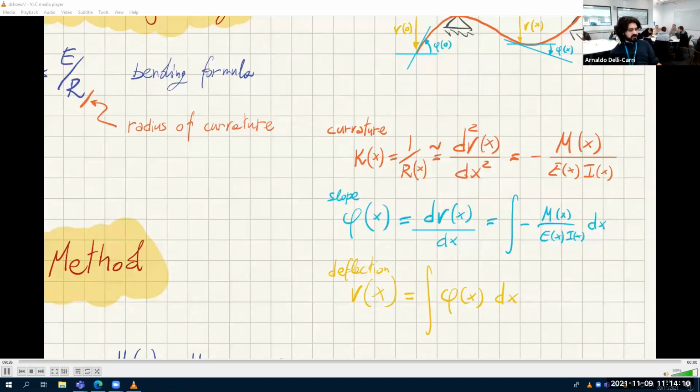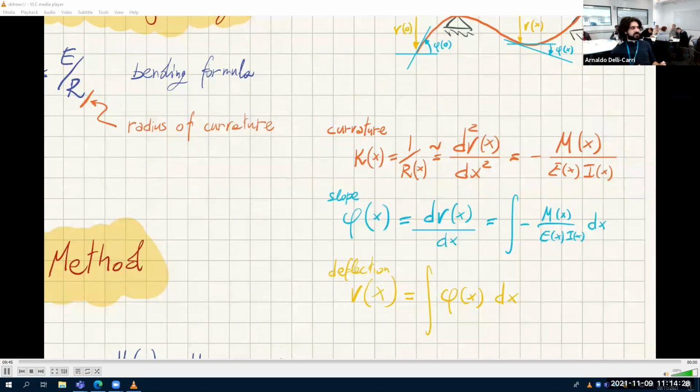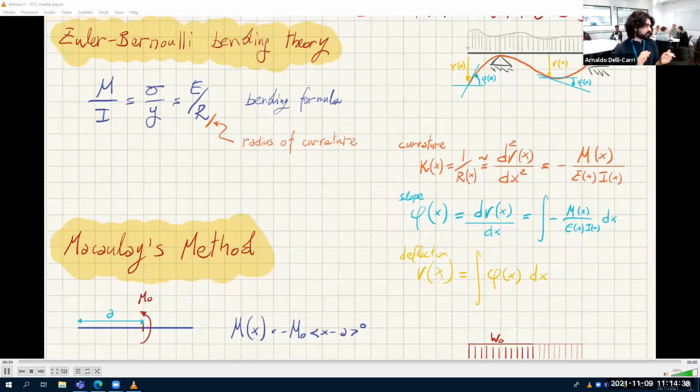This one only works for slender beams, which are basically the beams we are accustomed to, the beams for which the shear stress can be neglected. Remember when we did the exercise, neglect shear stress, that means you can use the Euler-Bernoulli bending theory with very good approximation. Otherwise, you'll have to resort to different models for bending.